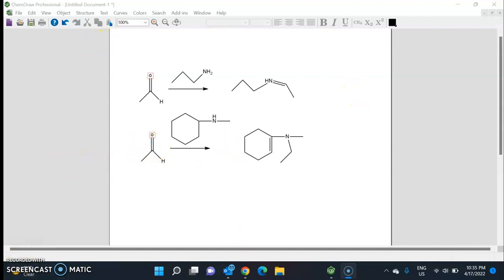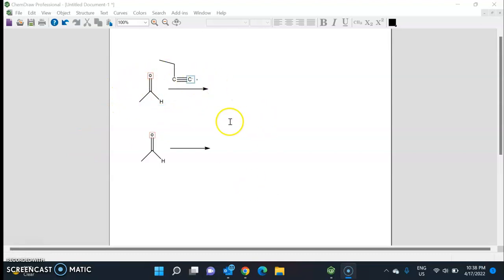But anyways, so now we have carbon as our nucleophile here, and this carbon has a negative charge on it, and it's obviously an alkyne. And this works because obviously this negative charge really wants a positive charge that's in this carbon.